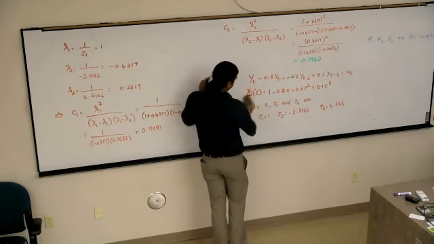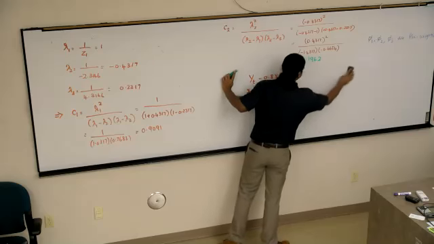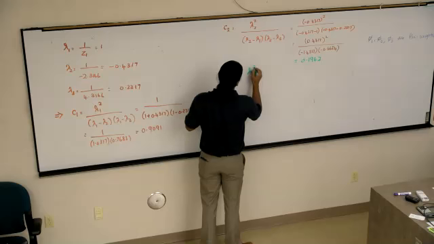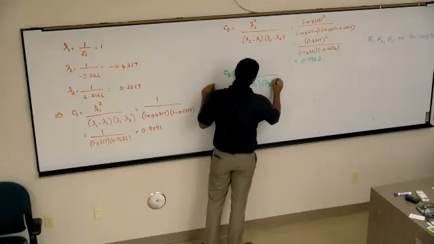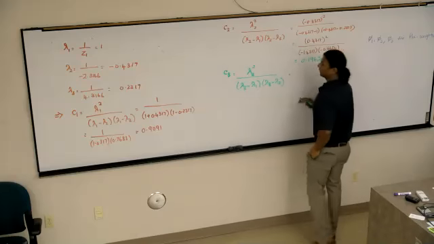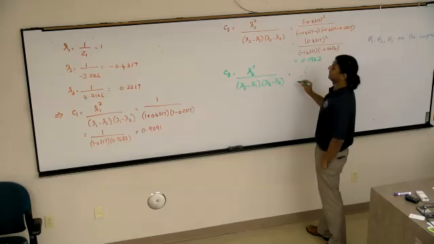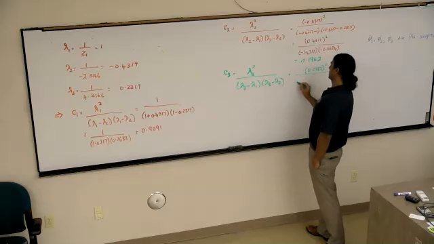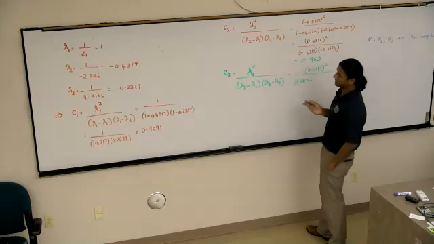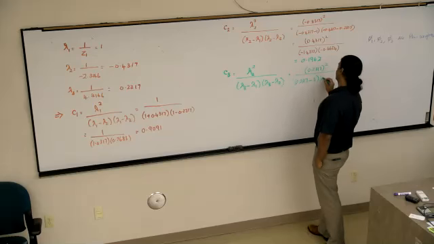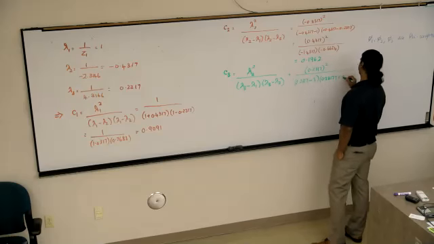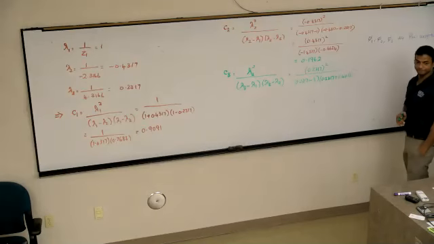Okay, and lastly, we're going to erase this. C3 would be lambda 3 squared divided by lambda 3 minus lambda 1, lambda 3 minus lambda 2, which would give us, what is lambda 3? 0.2317 squared divided by 0.2317 minus lambda 1, which is 1, 0.2317 minus lambda 2, minus of minus would be plus, get 0.4317.